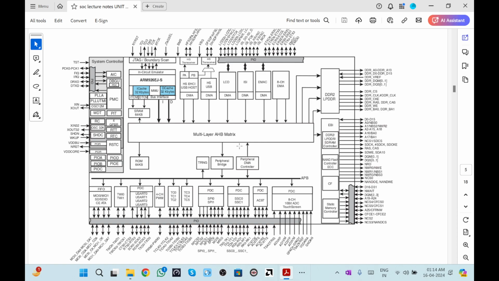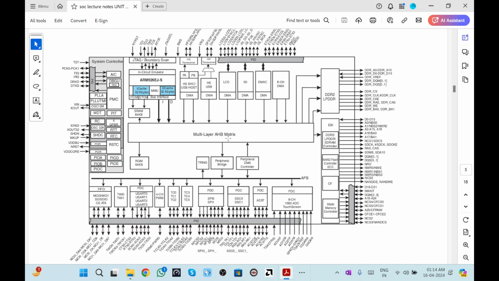Talking about the multi-layer AHB matrix, AHB is a type of IP or protocol which AMBA has given for communication between different blocks.